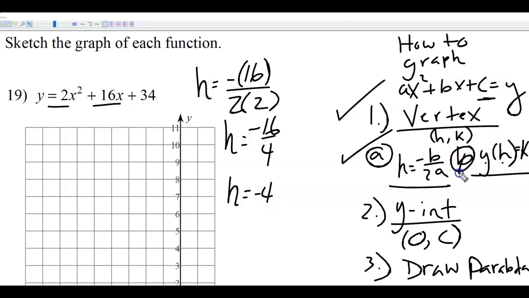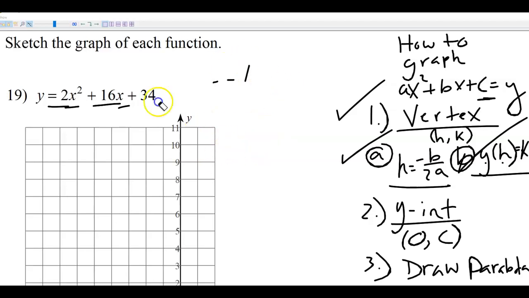Now I want to come over here and I want to find out what the k value is. So to find the k value, I take this answer for h and I plug it in for x over here in my equation. So I want to plug in the h value into my function.